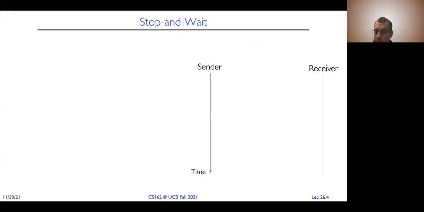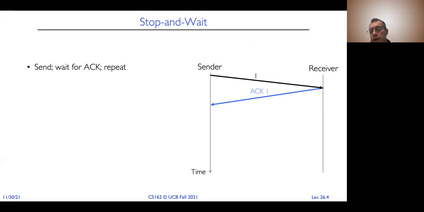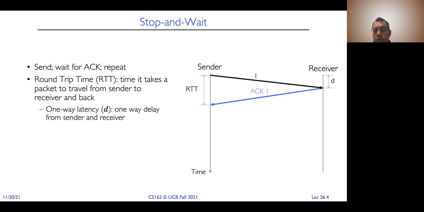So the oldest time is at the top, the newest time is at the bottom. So stop and wait is very simple. You send a packet and you wait for an acknowledgement, and only after you get the acknowledgement, you send another packet.